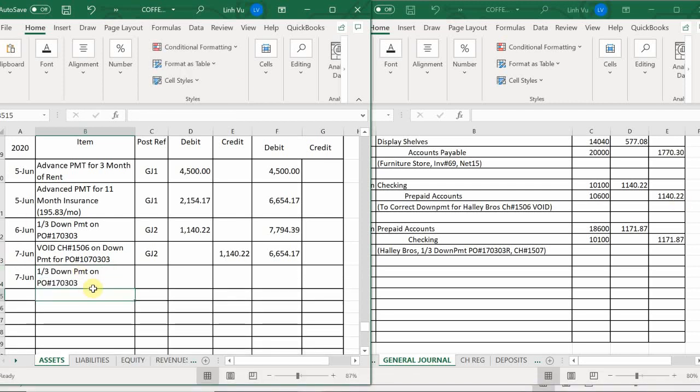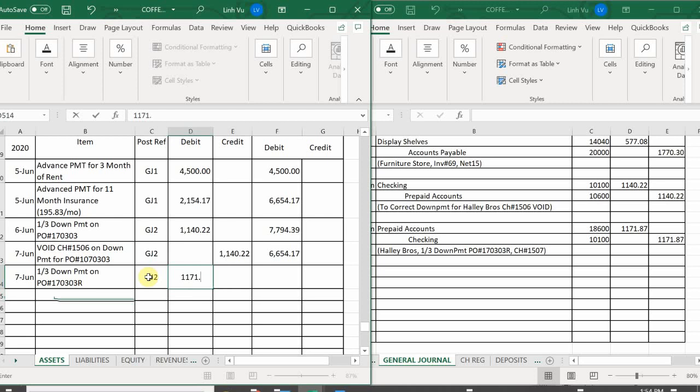But this time, we need to make sure that it says purchase order 170303R. Okay?